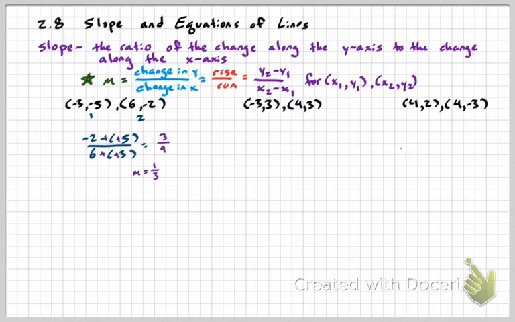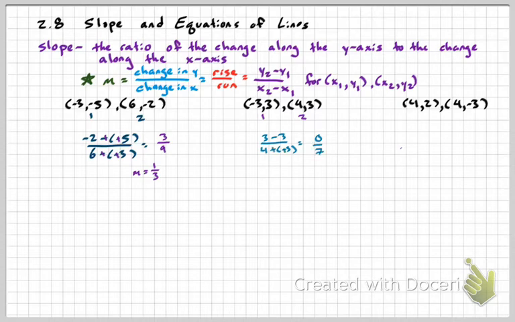We always reduce the fractions, especially when we're talking about slope. All right? Let's look at our next problem. 1s, 2s. So I'd have y2 minus y1 over x2 minus x1. 3 minus 3 is 0. 4 minus negative 3 becomes plus, so I get a 7.